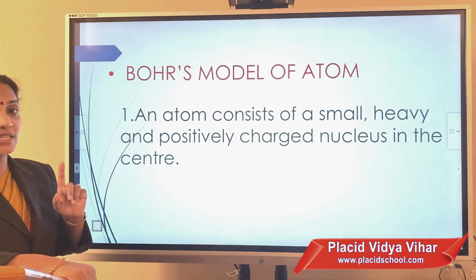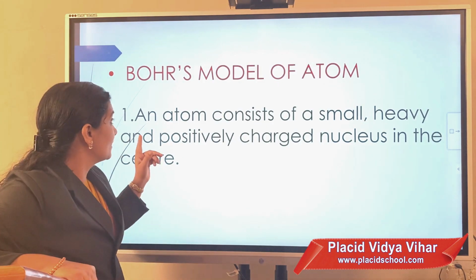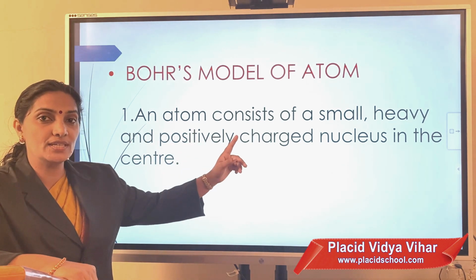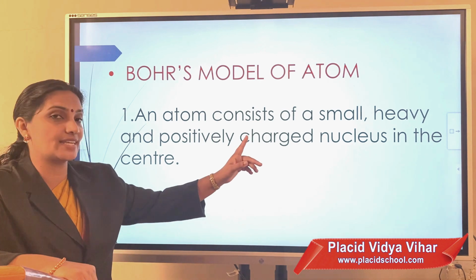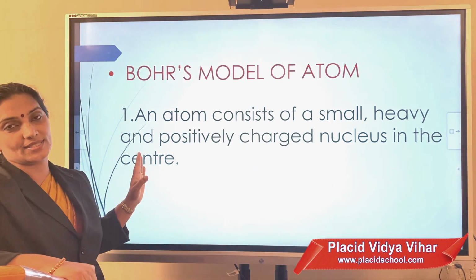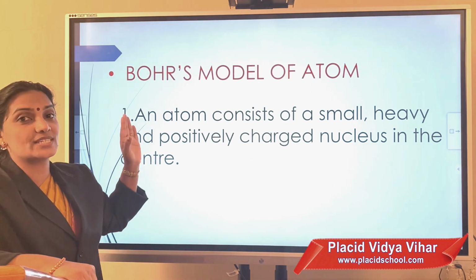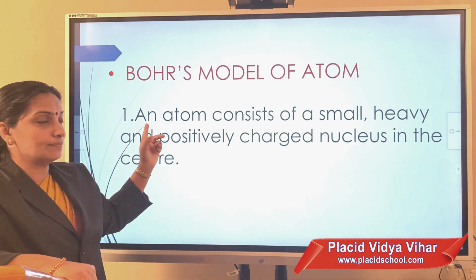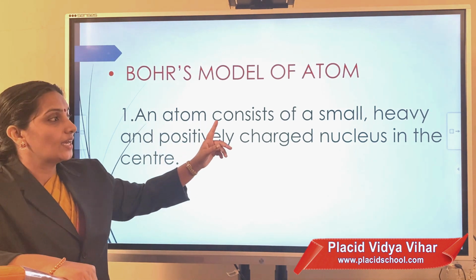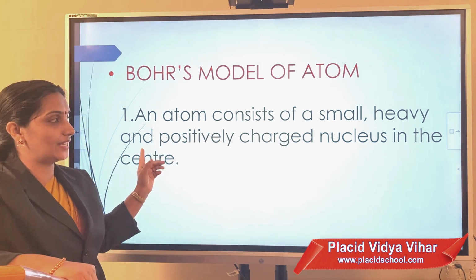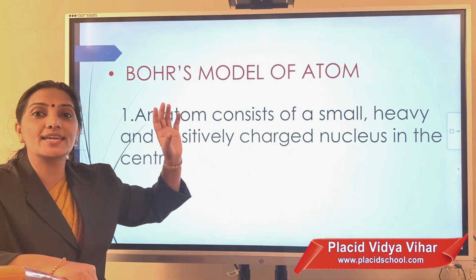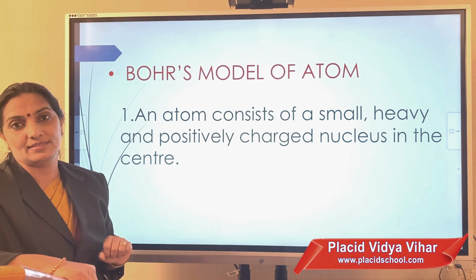The first point proposed by Niels Bohr is that an atom consists of a small, heavy and positively charged center called the nucleus. What is his first suggestion? An atom consists of a small, heavy and positively charged nucleus in the center.